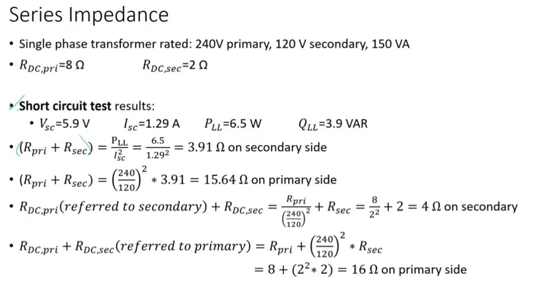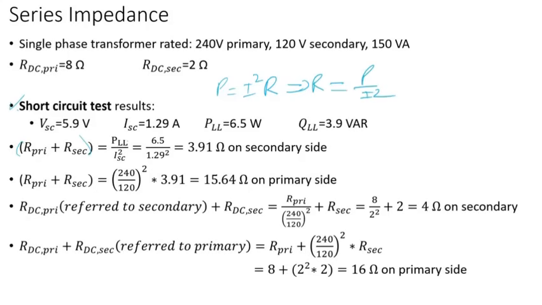So that's why I have in parentheses R primary plus R secondary, which is equal to P divided by I squared. Basically, all I'm doing is P is equal to I squared R. So if I solve for R, it's just P divided by I squared.